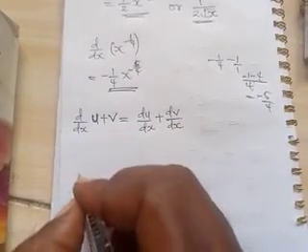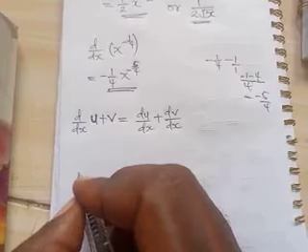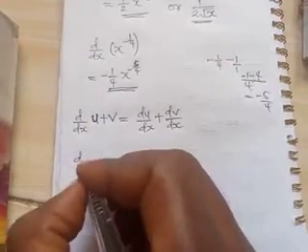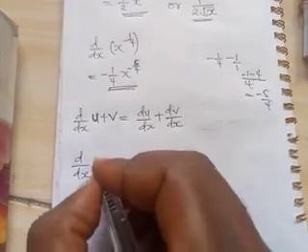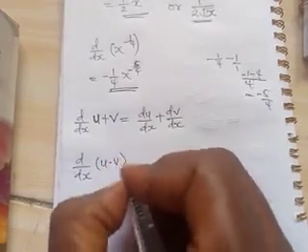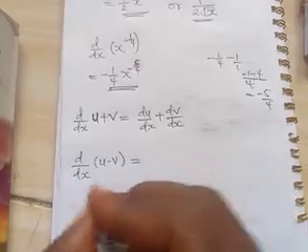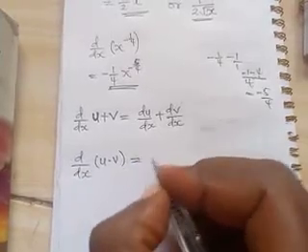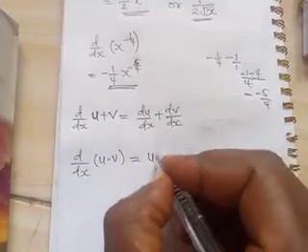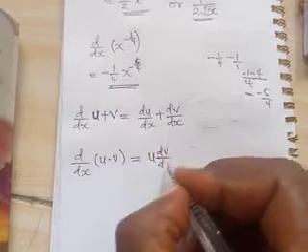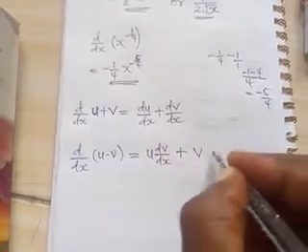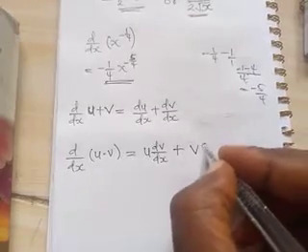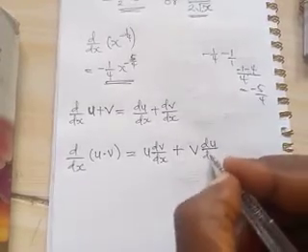The second one is the product rule. If I have d/dx of u times v, I want to multiply two of them, what it means is that I will first of all keep u constant, differentiate v with respect to x, plus I will keep v constant, differentiate u with respect to x.